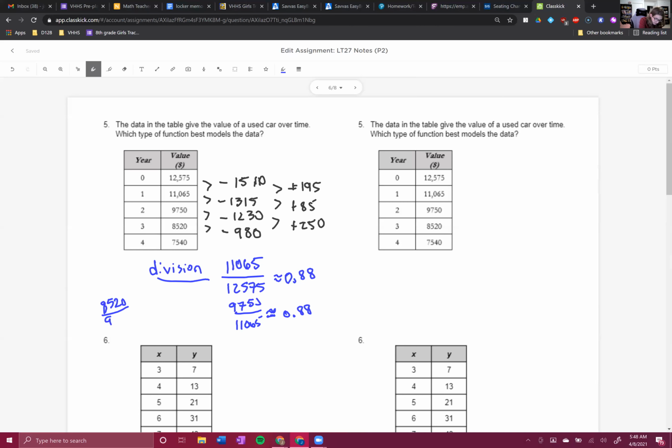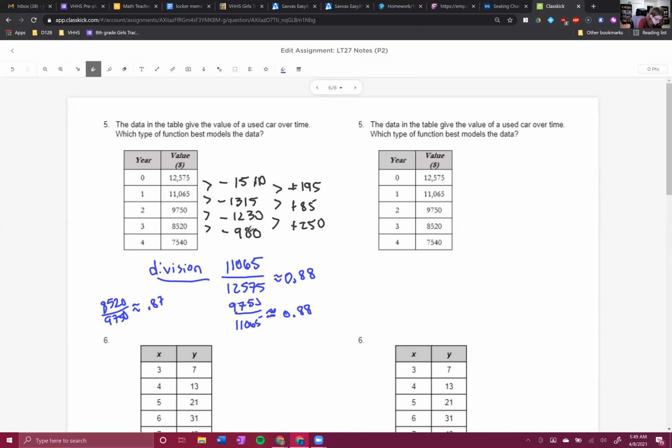8,520 divided by 9,750 rounds to about 0.87. I know it's a little different, but given a real world model, I think that's still quite close.